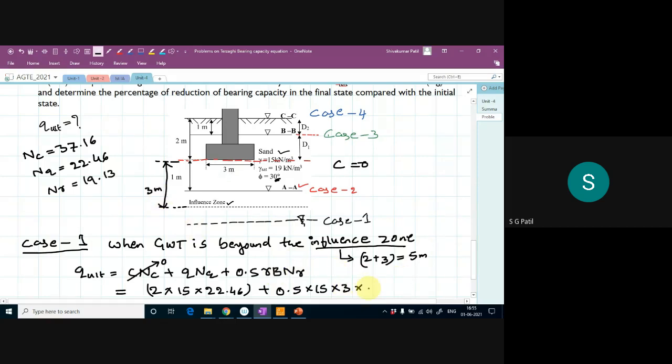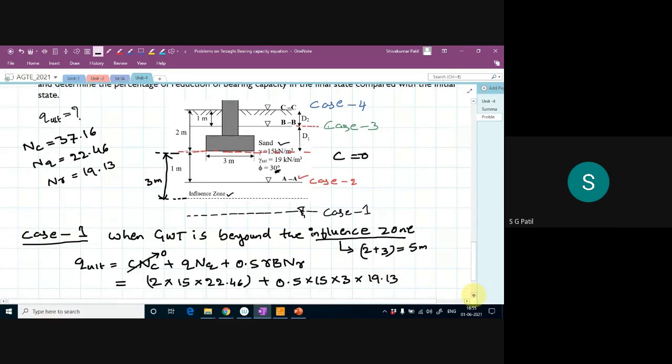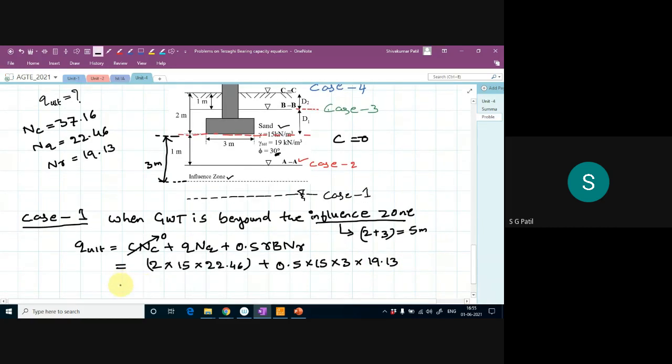N gamma is 19.13. Tell me how much you will get.